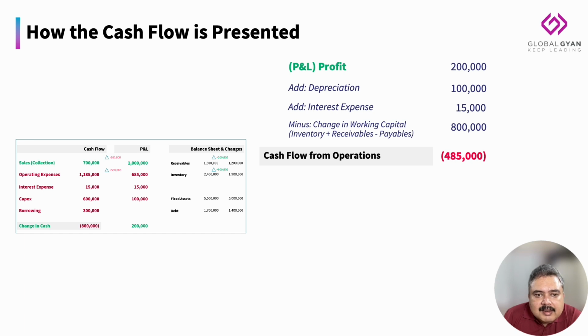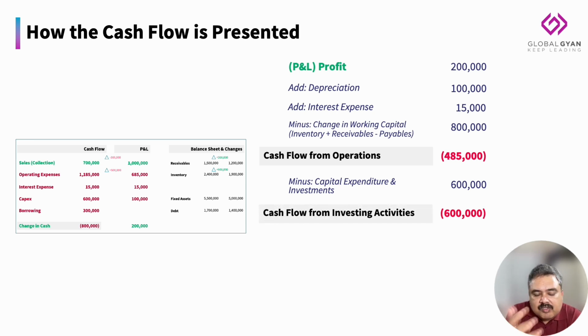But that's not the only thing that has happened. We also spent money on capital expenditure, and there could be other investments at 600,000, which is now categorized in a separate bucket called cash flow from investing activities. So that's minus 600,000.